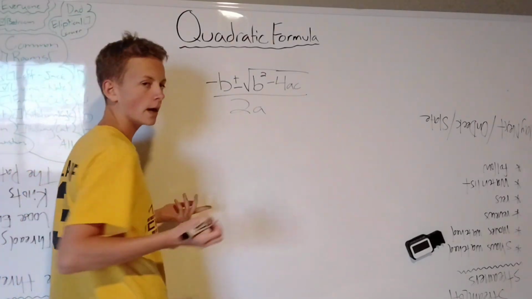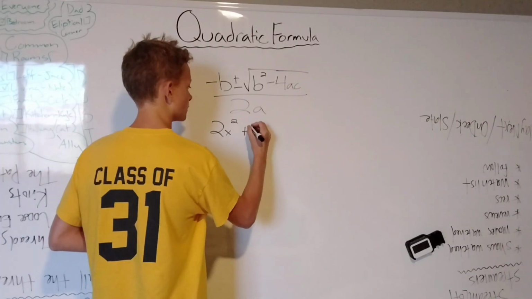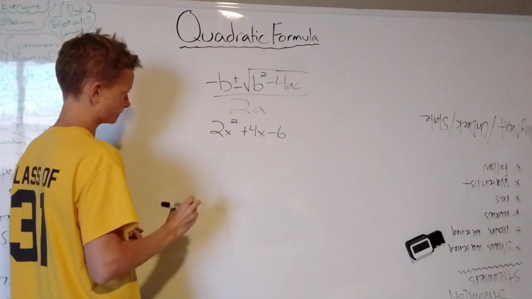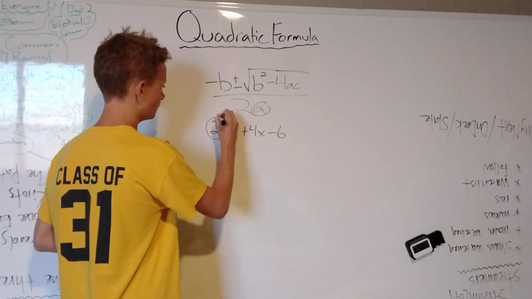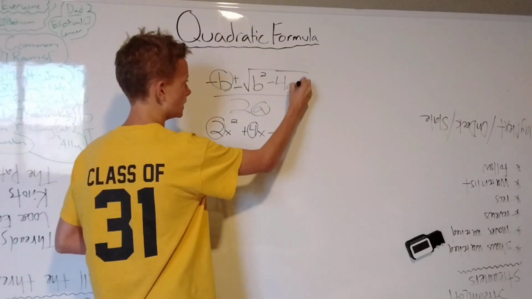Okay, so let's say we have the equation 2x squared plus 4x minus 6. Basically, the a is going to be the 2, the b is going to be the 4, and the c is going to be the 6.